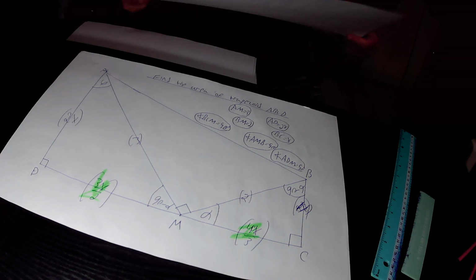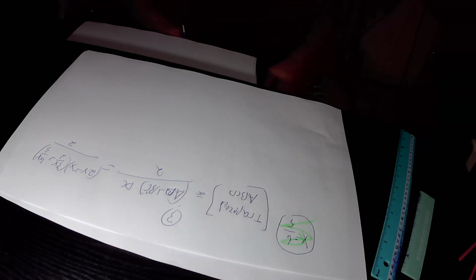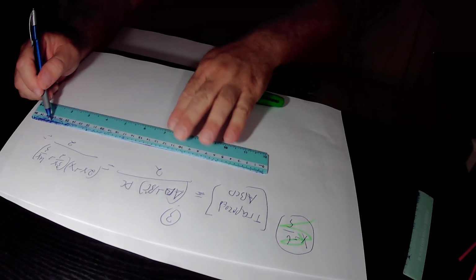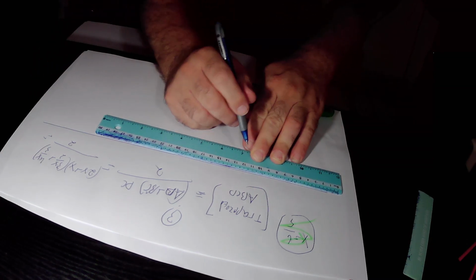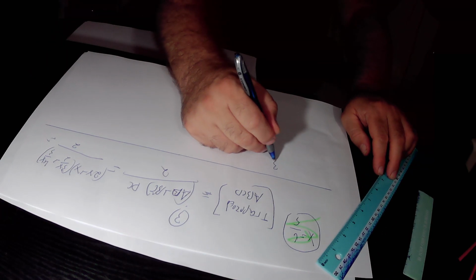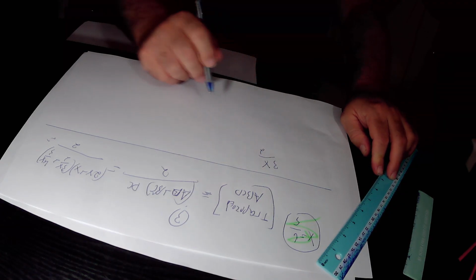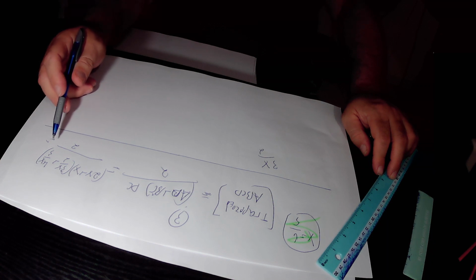So in total, the area of trapezoid ABCD equals (2x plus x) times (3x over 2 plus 4x over 3) divided by 2. 2x plus x is 3x, so this is 3x over 2, and here we have 3x over 2 plus 4x over 3.